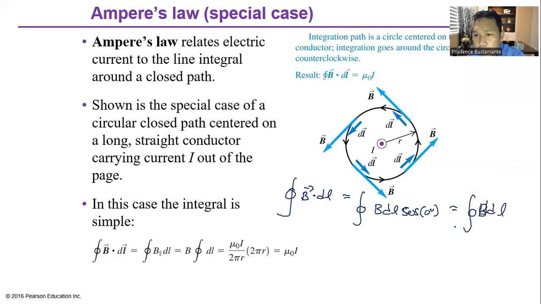We know that B is equal to mu naught I over 2 pi r, times the dl here.